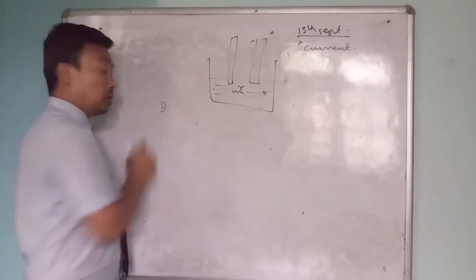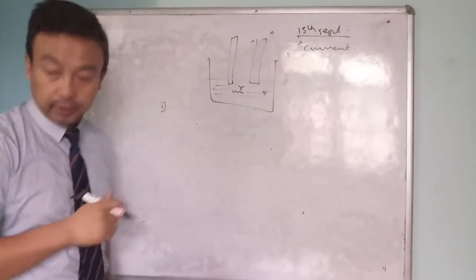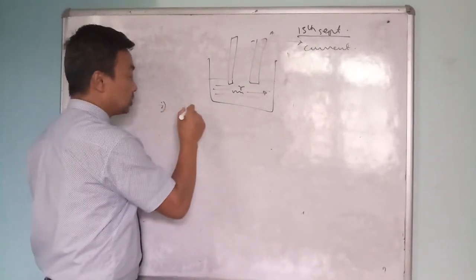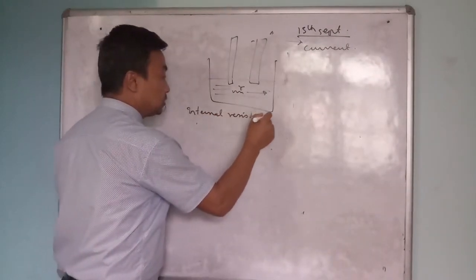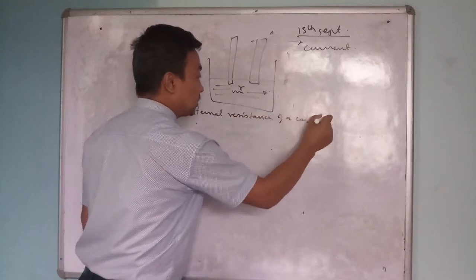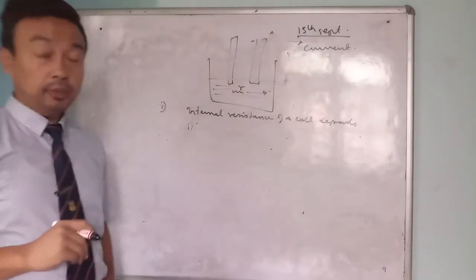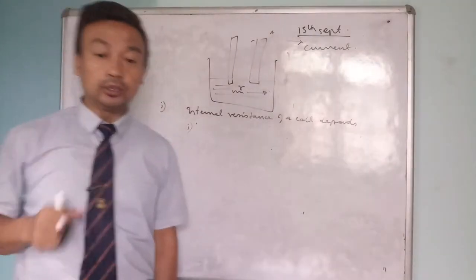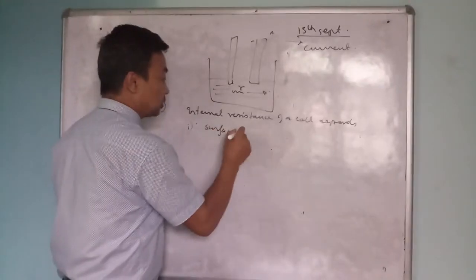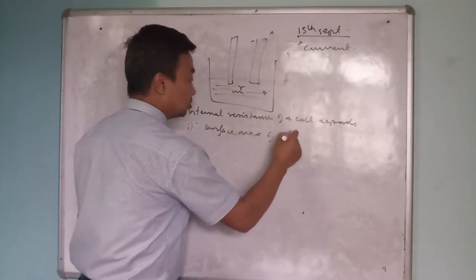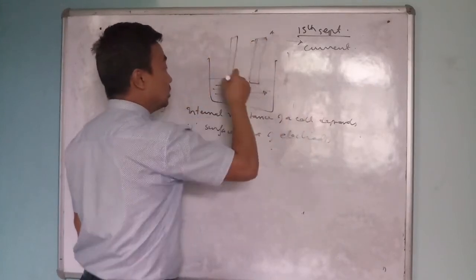The question is, on what factors does the internal resistance of a cell depend? It depends upon four factors. First, it depends upon the surface area of the electrodes. See, this is the electrodes, the surface area.